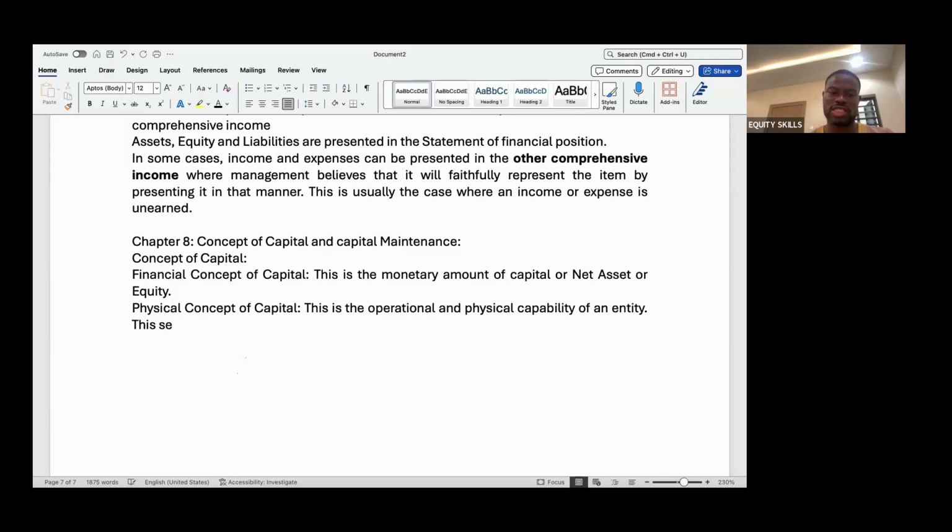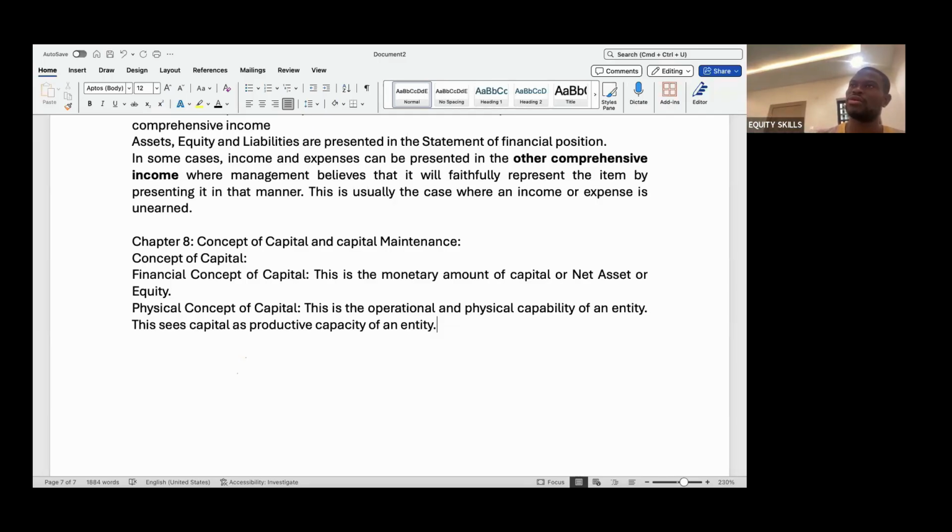So see, this sees capital as the productive capacity of an entity. What can you produce? That's your capital. What can you produce today? That's your capital, right? So you cannot be parading 100 million, right?